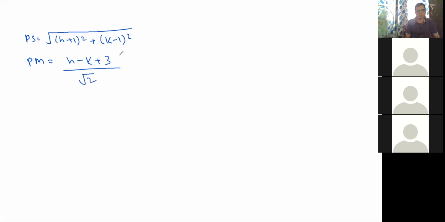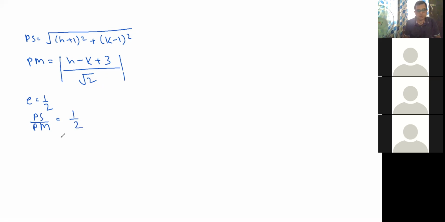Okay, this is PM. Now according to the definition of ellipse, the eccentricity is given 1 by 2. So PS by PM is equal to 1 by 2.